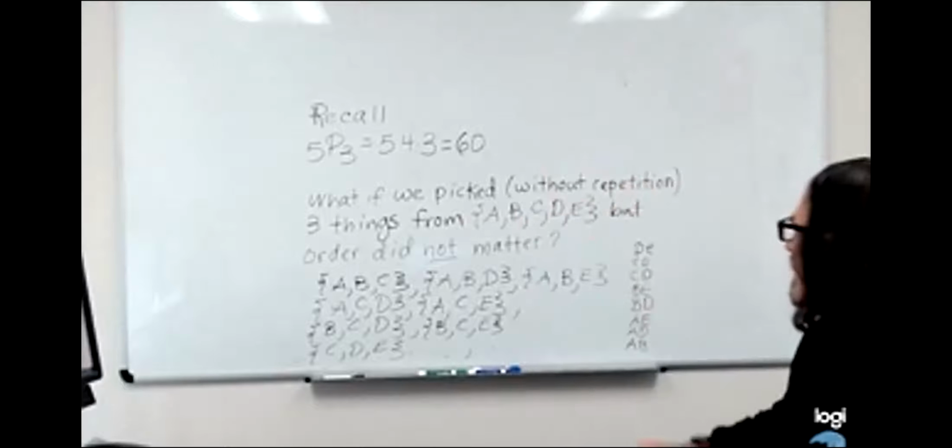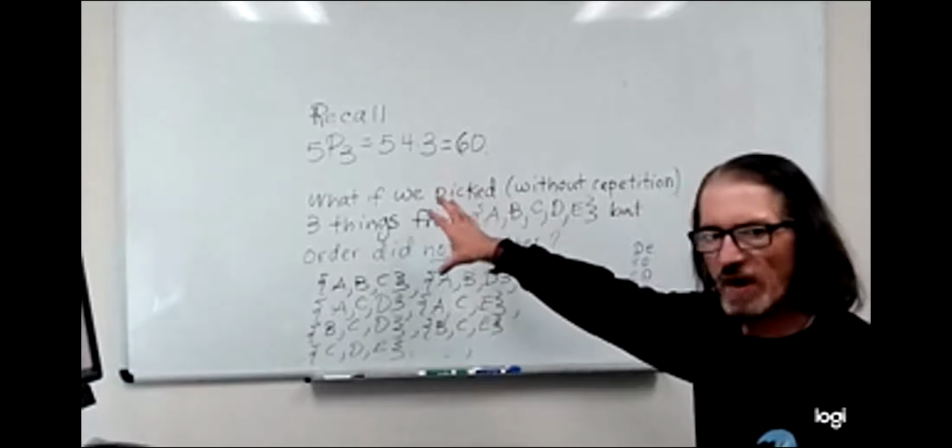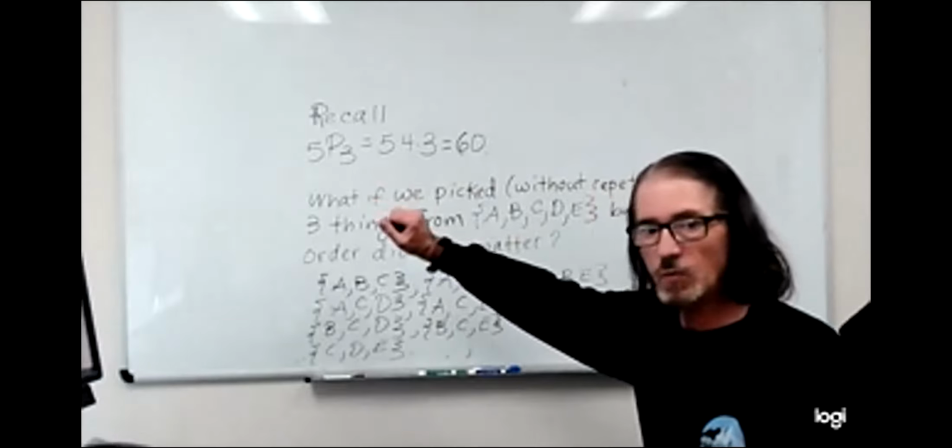Okay. Sometimes it's easier to keep track. Instead of from the 5 picking the 3, you can think of which 2 have been left out.